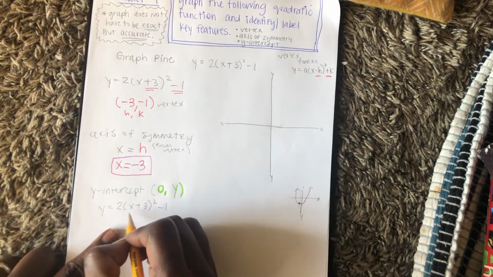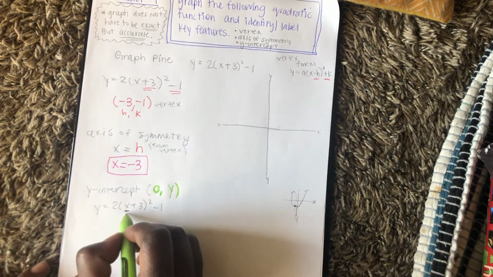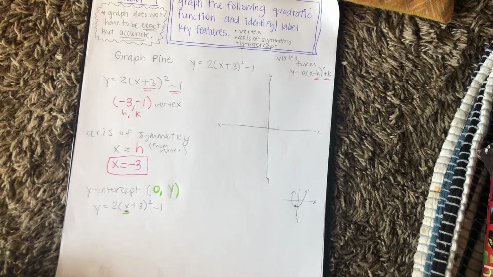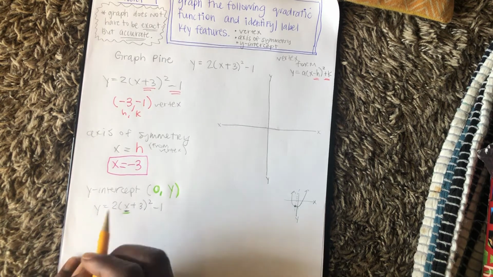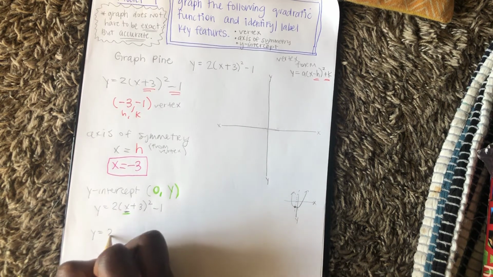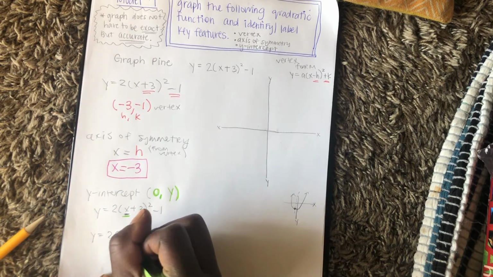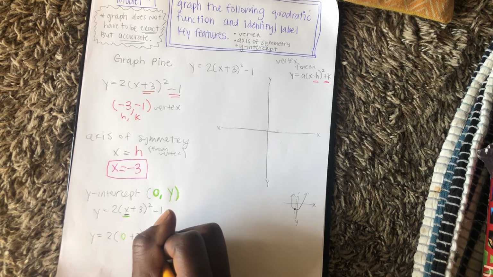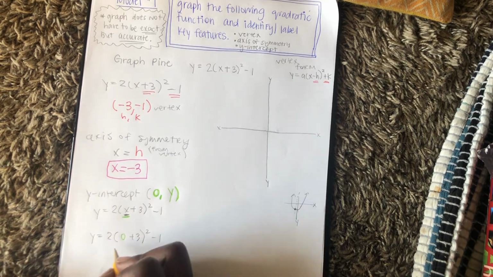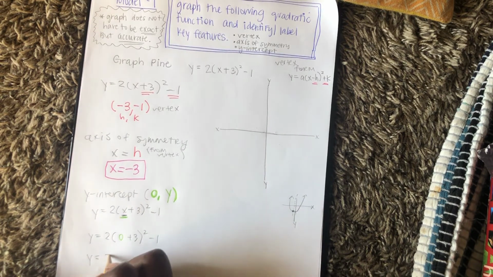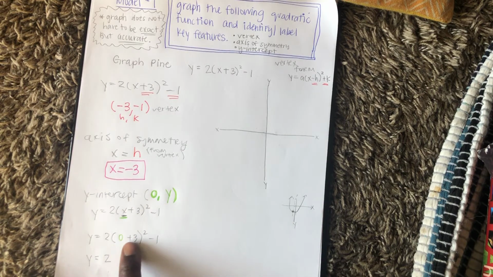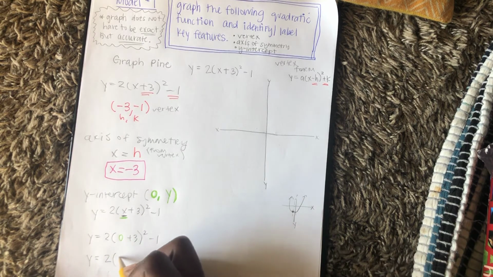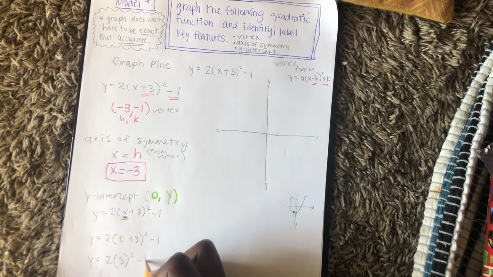So that means when we see x in our equation, we are now going to substitute it with the value of 0, and we're going to solve for y. So I'm going to bring y down. There's my 2. But instead of x, I'm going to put 0 plus 3 and square it, minus 1. So now I have y equals 2, and now I deal with my parentheses. 0 plus 3, which is 3, squared, minus 1.